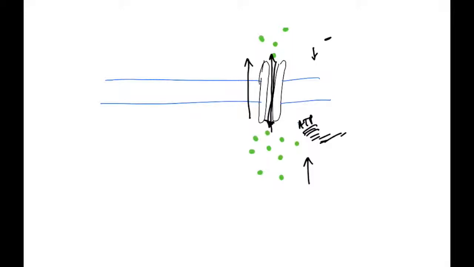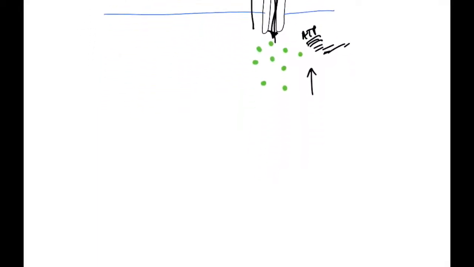Okay, so active transport is simply moving molecules against their concentration gradient using energy to do so. So that is active transport, protein pump. Okay, that's that one done. Easy.